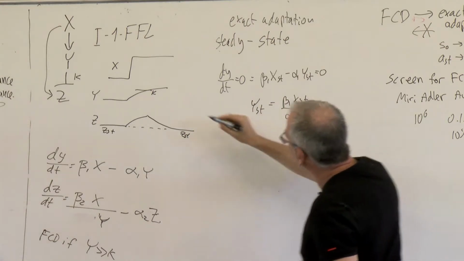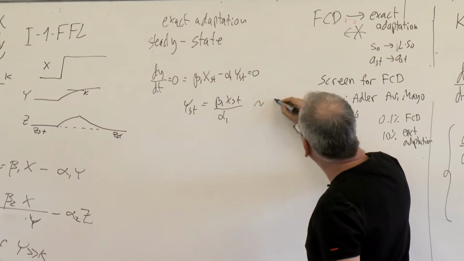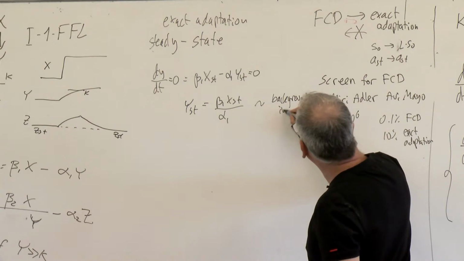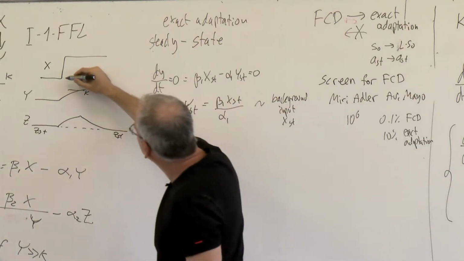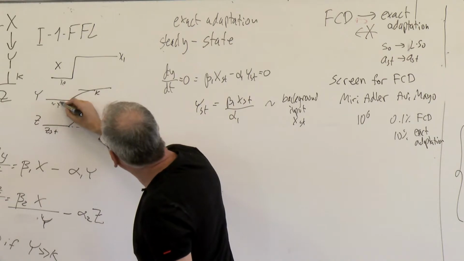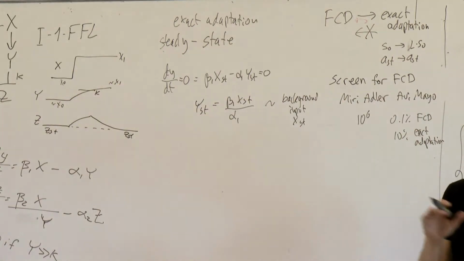So that means that y is proportional to the background input, x steady state, just like k was previously. The steady state, if we go from x0 to x1, this will go like x0 and this will go like x1. So y kind of is proportional to the input signal because it's just produced by it.